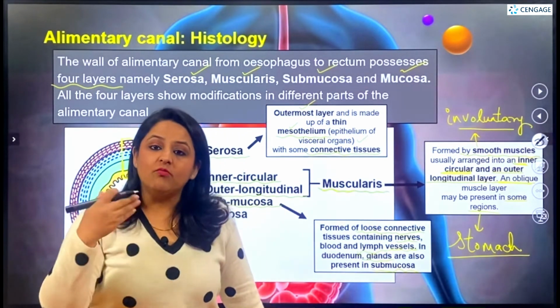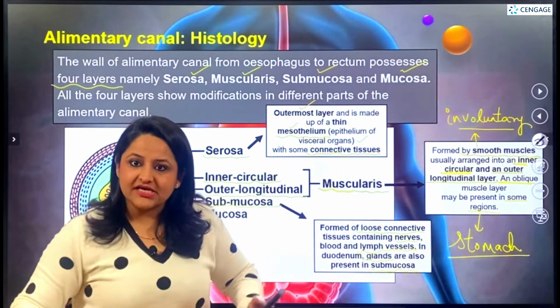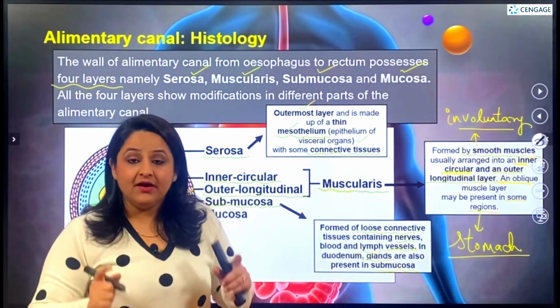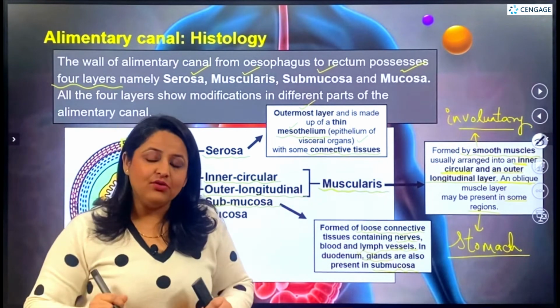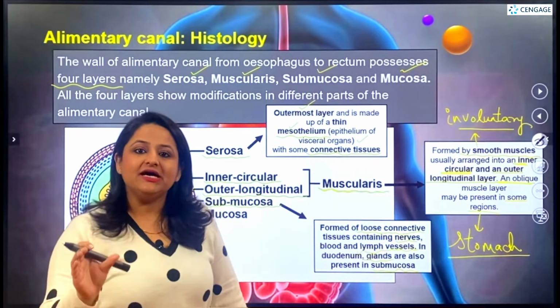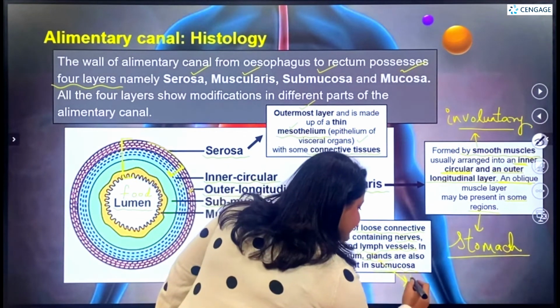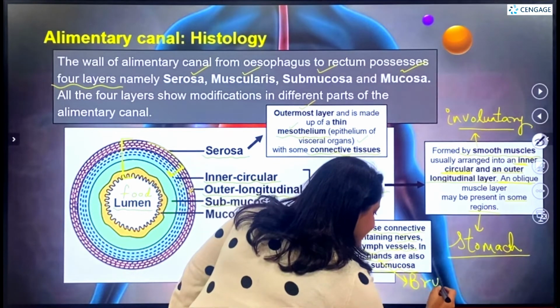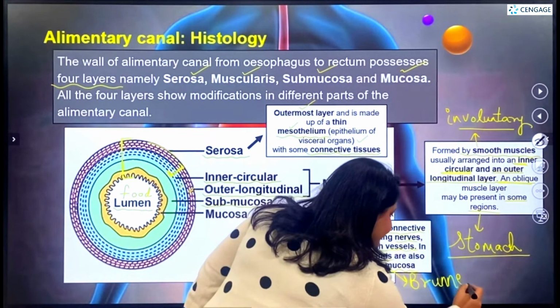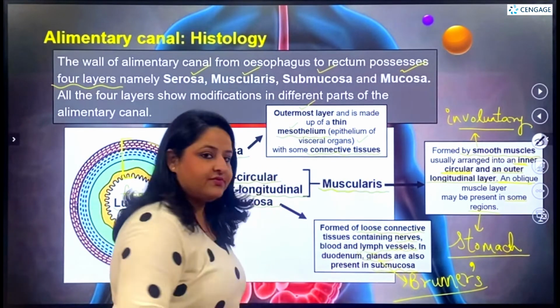We will talk about the Brunner's glands and their functioning in detail when we discuss the whole process of digestion. But you just have to remember right now that in the submucosa of the duodenum, we see a special type of glands present, and the name of those glands is the Brunner's glands.